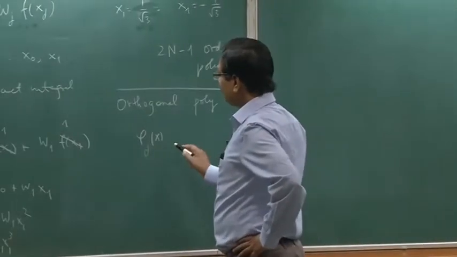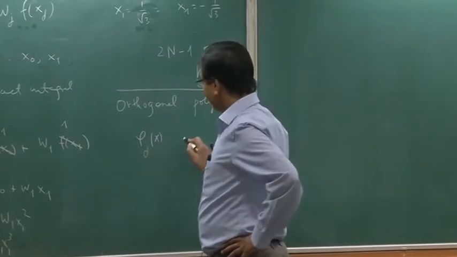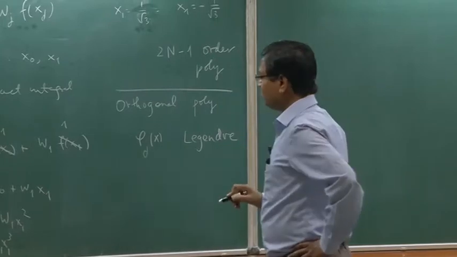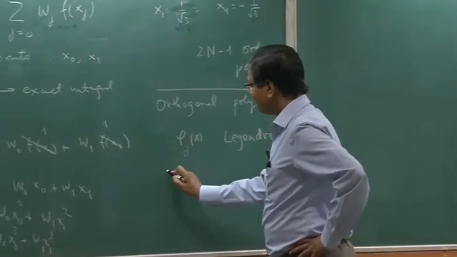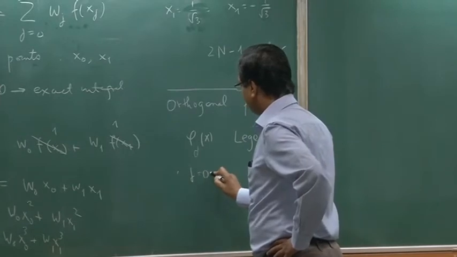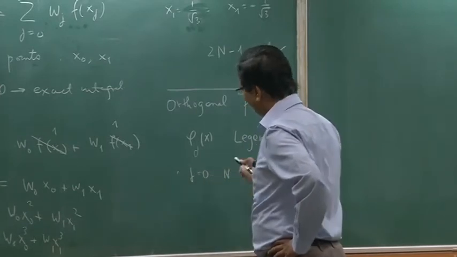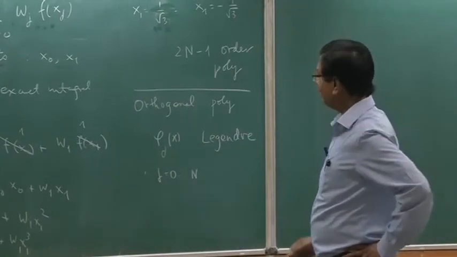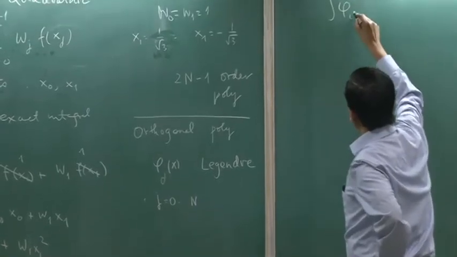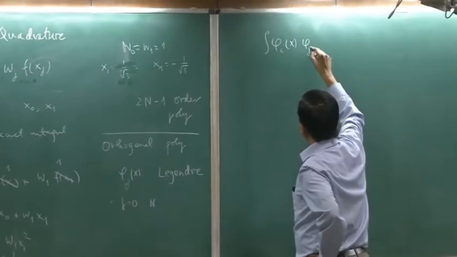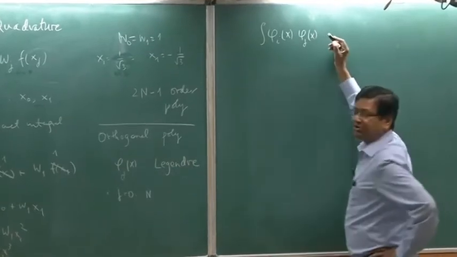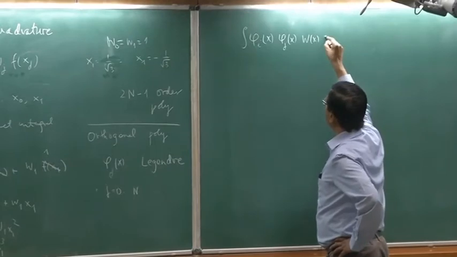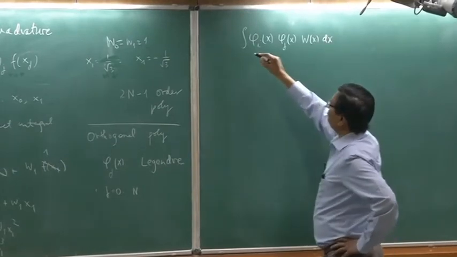So we will use polynomials with j going from 0 to n minus 1, in fact to n, and because Legendre polynomials are orthogonal, they satisfy the property: the integral from a to b of phi i(x), phi j(x), and this is called the weight function, w(x), dx.